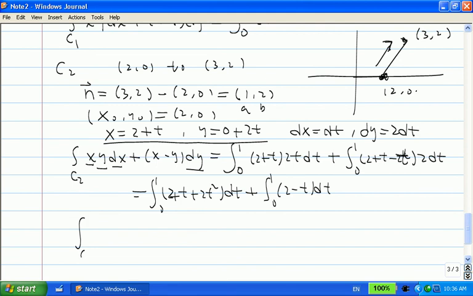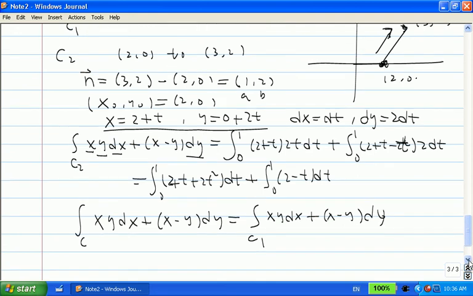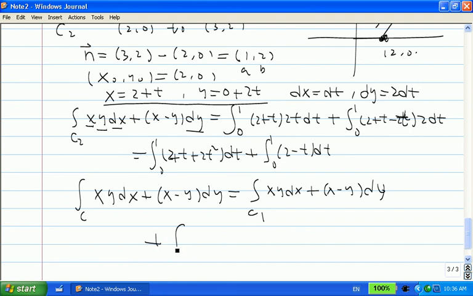So finally, xy dx plus x minus y dy equals the integral over C1 of xy dx plus x minus y dy, plus the integral over C2 of xy dx plus x minus y dy. Then you just put those two results in. We're done.